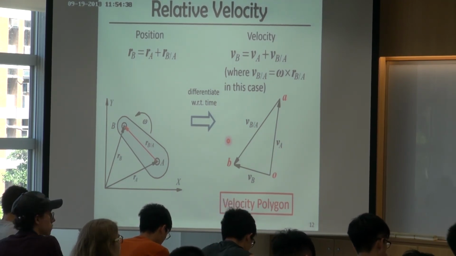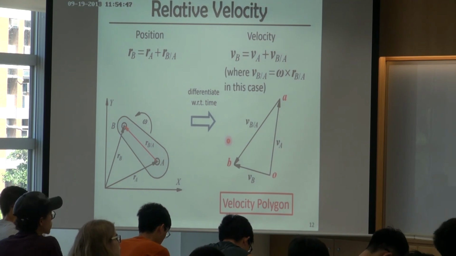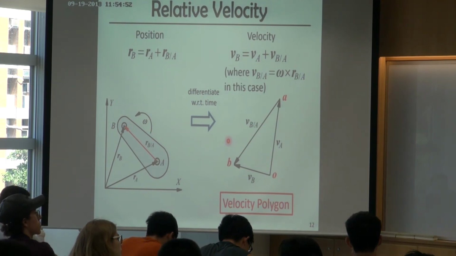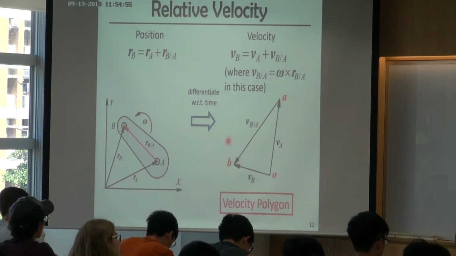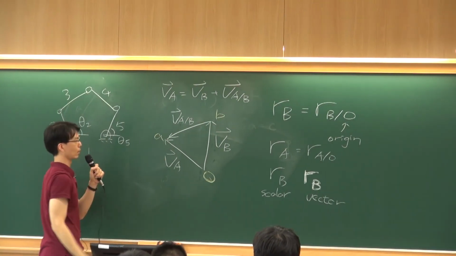Similar to this one, I'll put an O here. Because these two are absolute velocities, I want them to start from the absolute origin, which is O, pointing to B and pointing to A here.